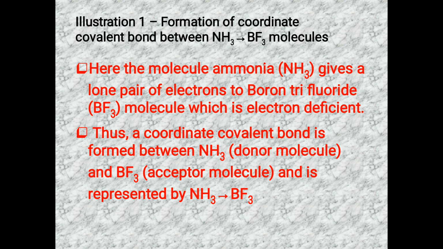But in the book only one example is given: NH3 donates electrons to BF3. That arrow mark indicates the coordinate covalent bond. So in NH3, N possesses one lone pair of electrons and donates it to the electron deficient compound BF3.